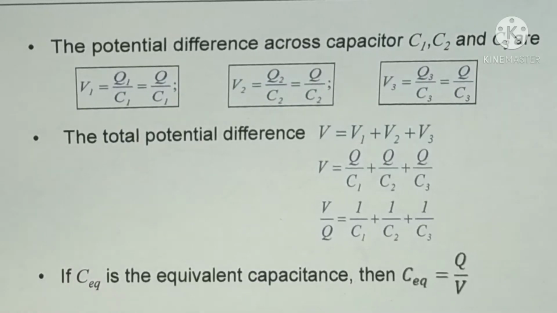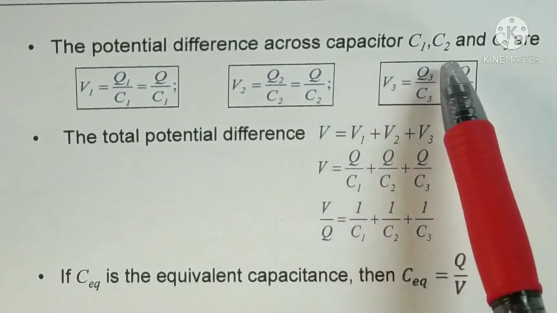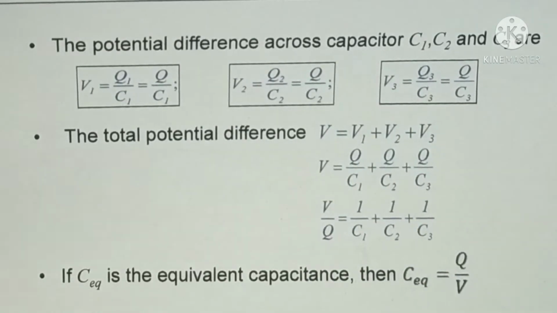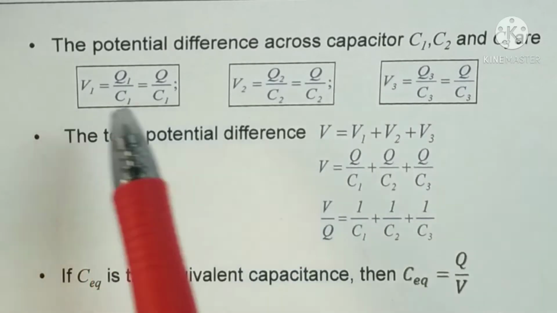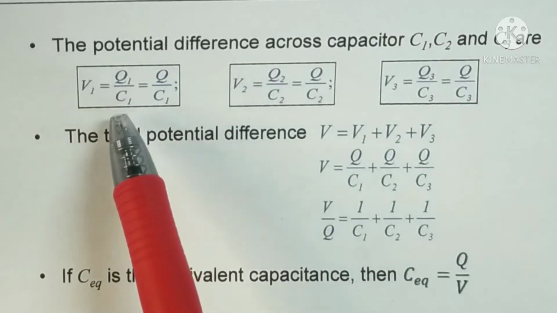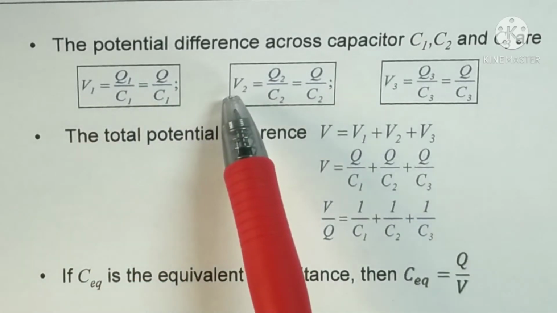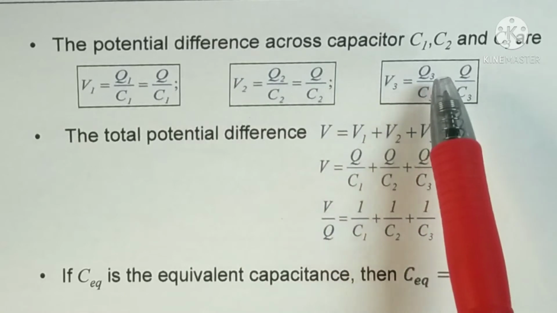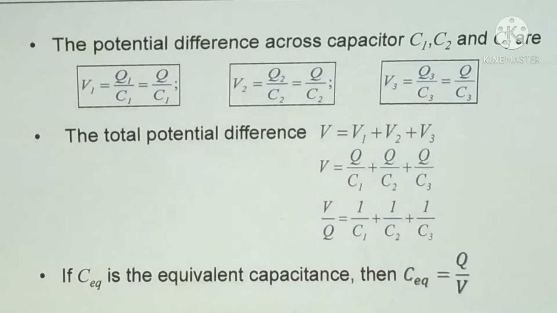Generally, the potential differences across capacitors C1, C2, C3 for series connection are V1, V2 and V3, where V1 equals Q1 over C1, V2 equals Q2 over C2 and V3 equals Q3 over C3.